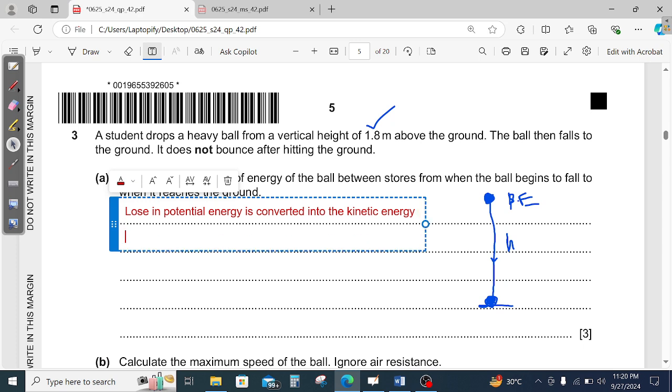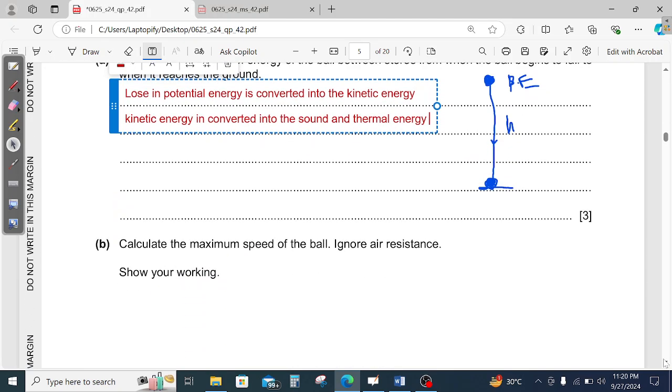Second point is kinetic energy is converted into sound and thermal energy. So you will get 3 marks easily.